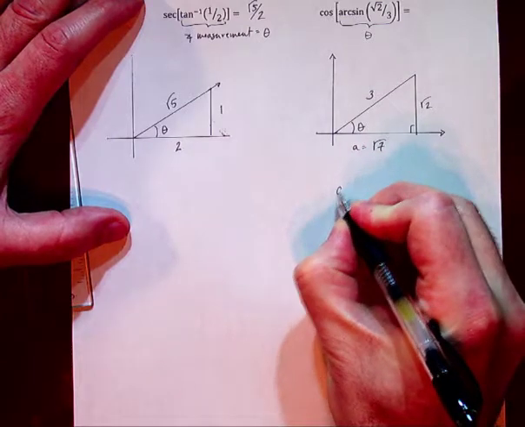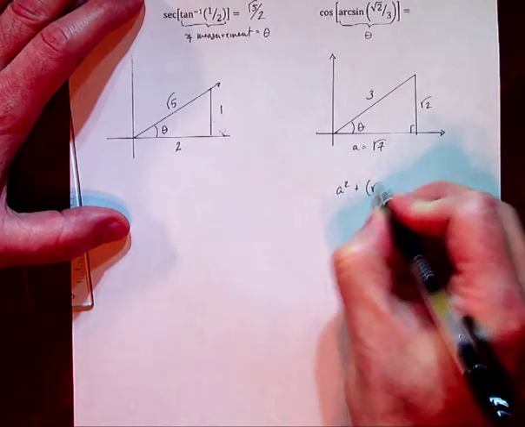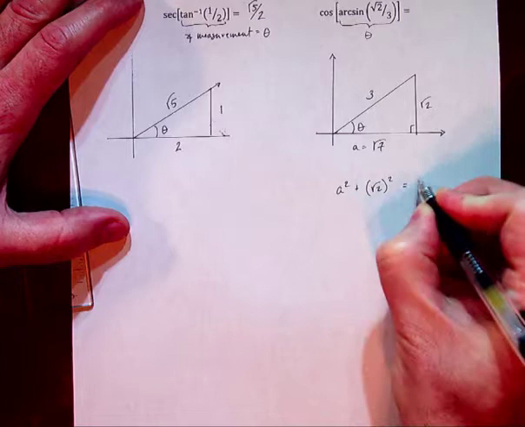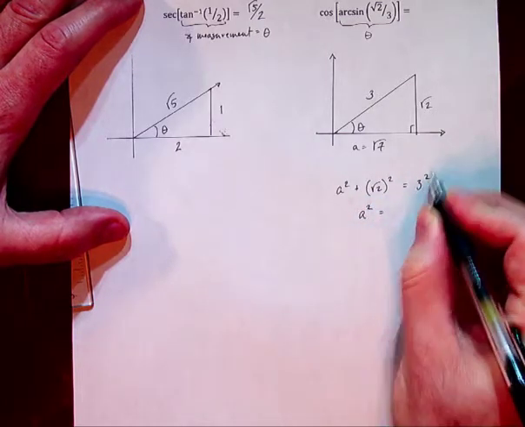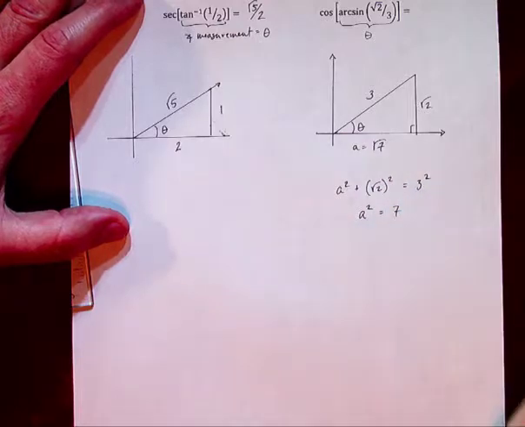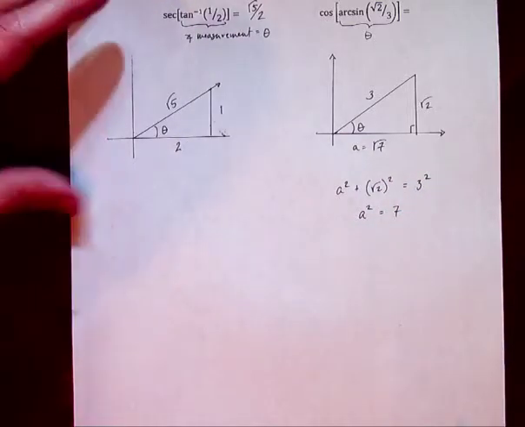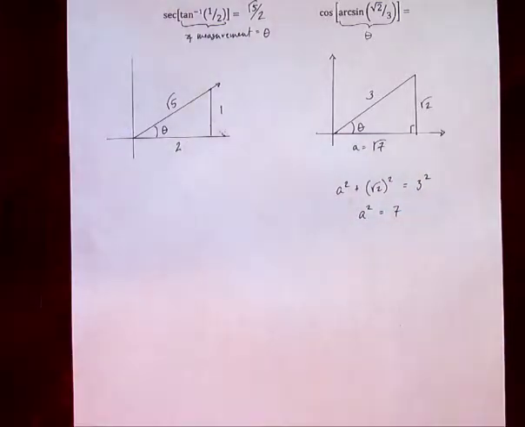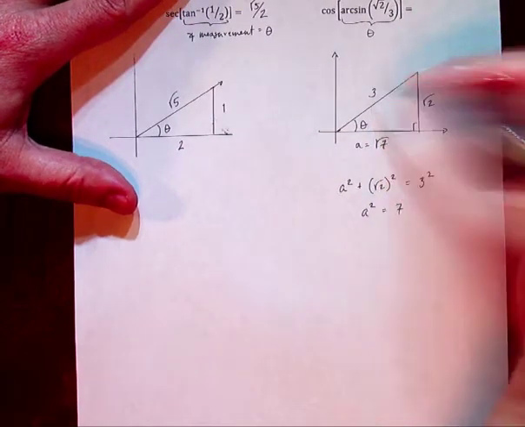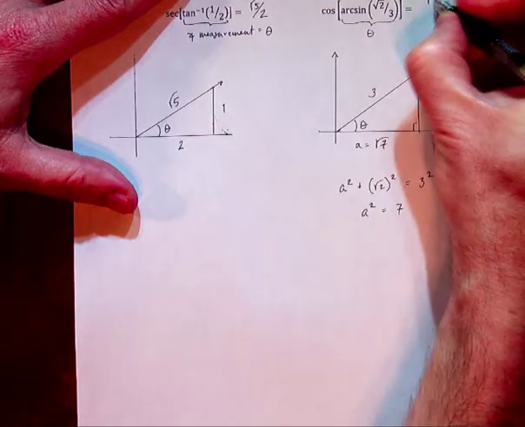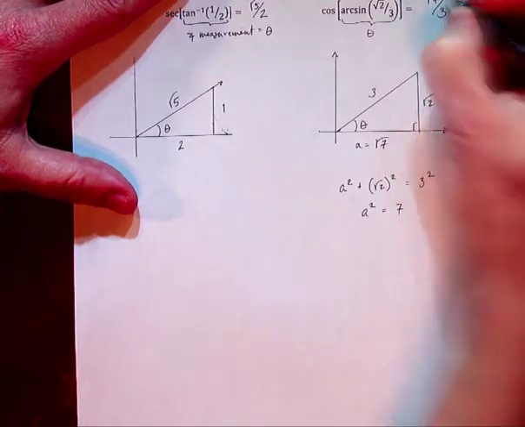If you have A squared plus root 2 squared is equal to 3 squared, then you have A squared is equal to 9 minus 2, or 7, and therefore A is equal to root 7. And since it's in the first quadrant, it's positive. And then all I need to do is adjacent over hypotenuse, and I have root 7 over 3, done and done.